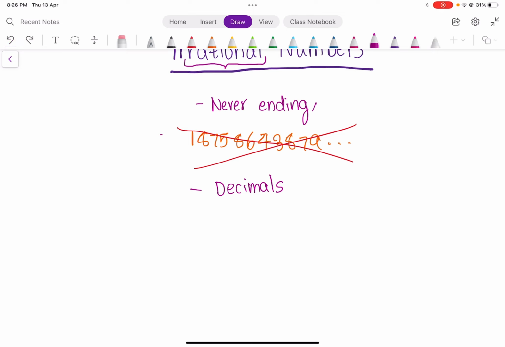A few examples of irrational numbers: one very famous example would be pi. If you haven't heard of pi before, that's okay. It's just a really famous number, which is an irrational number, and is used when you're trying to find the circumference, which is a perimeter of a circle, or other things when you're talking about circles or angles.